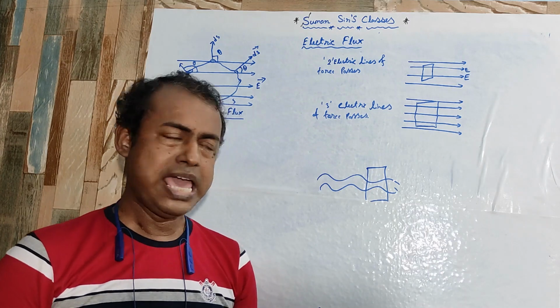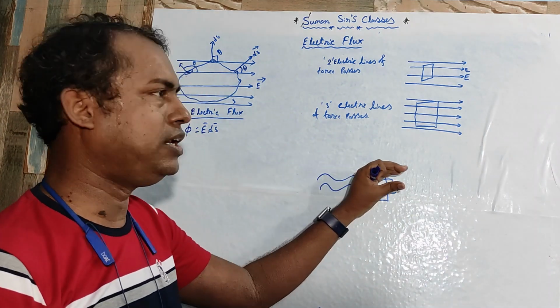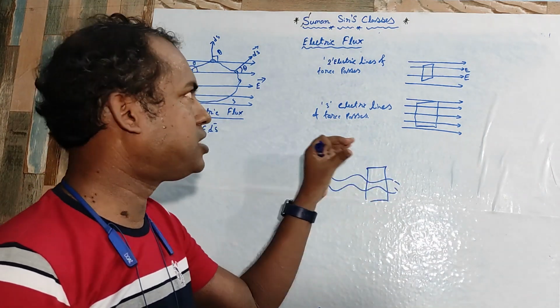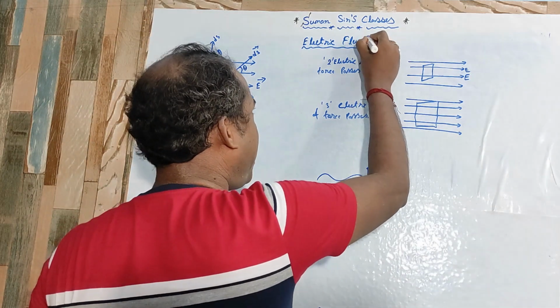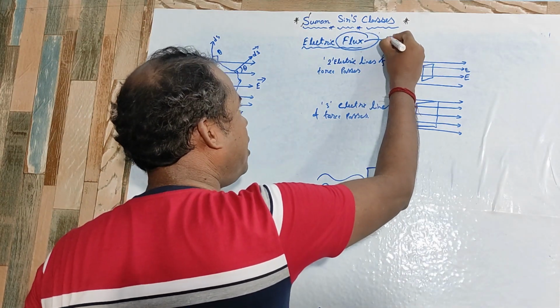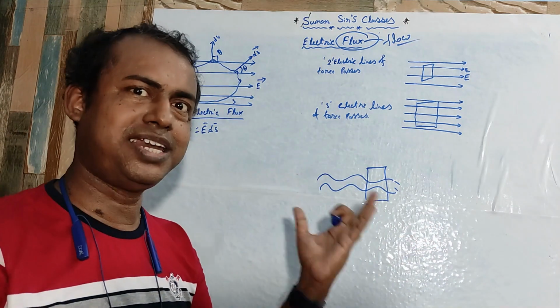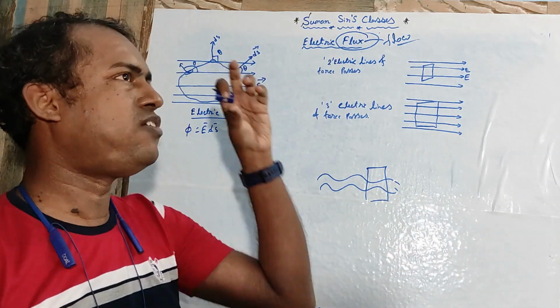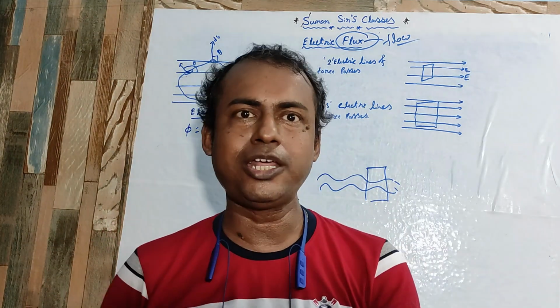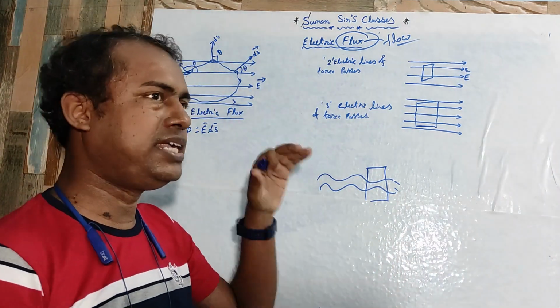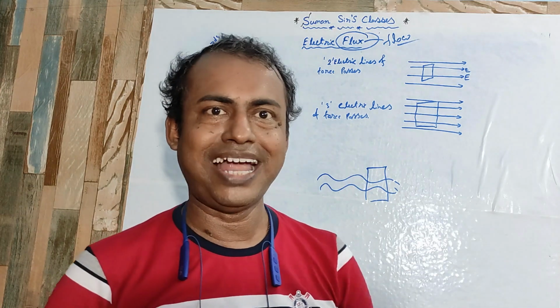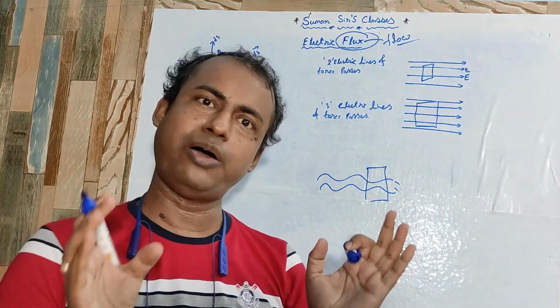This flow of liquids, this flow of fluids, is called flux. So flux can be specified as the flow of fluids. Now it is clear that flux is associated with the flowing of fluids. That's why it is called flux. I think now it is clear.